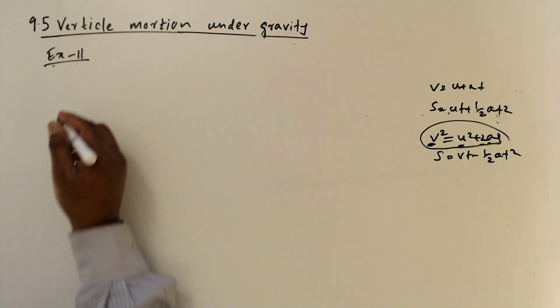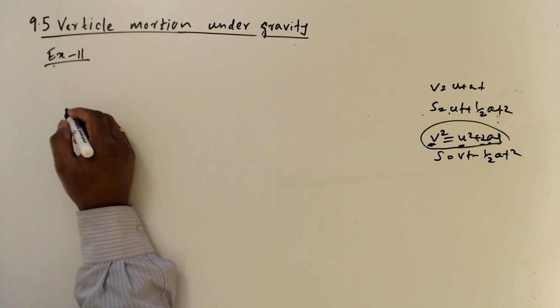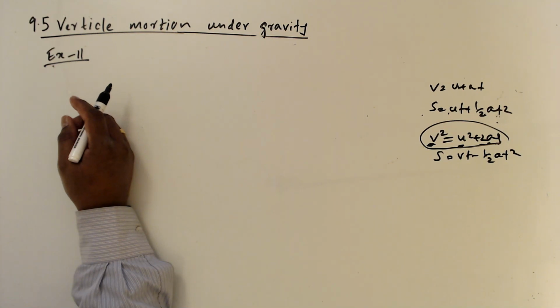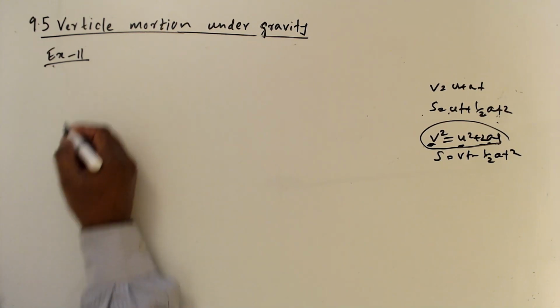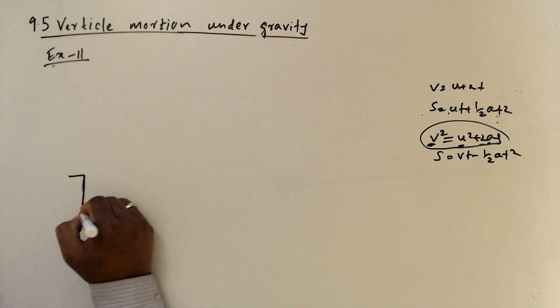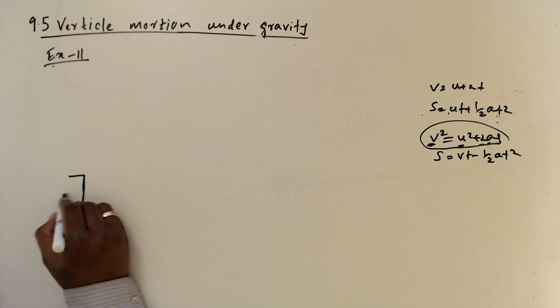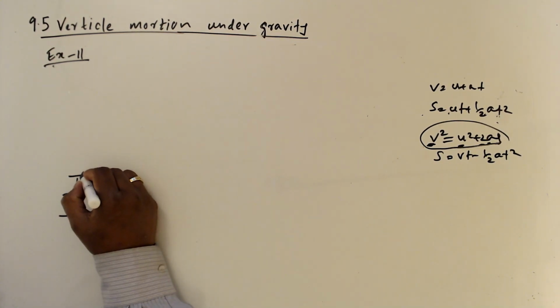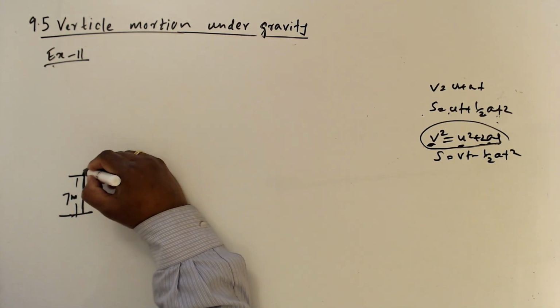Example number 11. A ball is projected upwards from X, which is 7 meters above the ground, with a speed of 21. We need to find the greatest height above the ground reached by the ball. That's the first part. This is 7 meters, and the ball is projected upward.